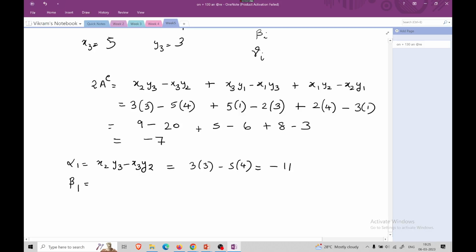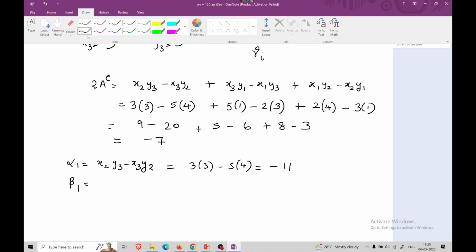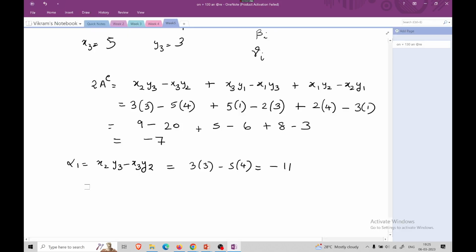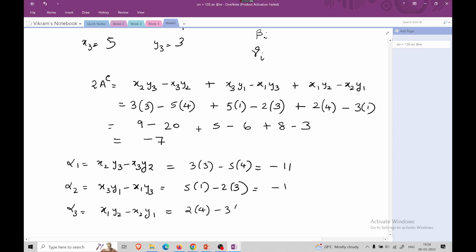Beta 1, sorry, we will calculate alpha 1, alpha 2, alpha 3 first, then we will go for beta and gamma.